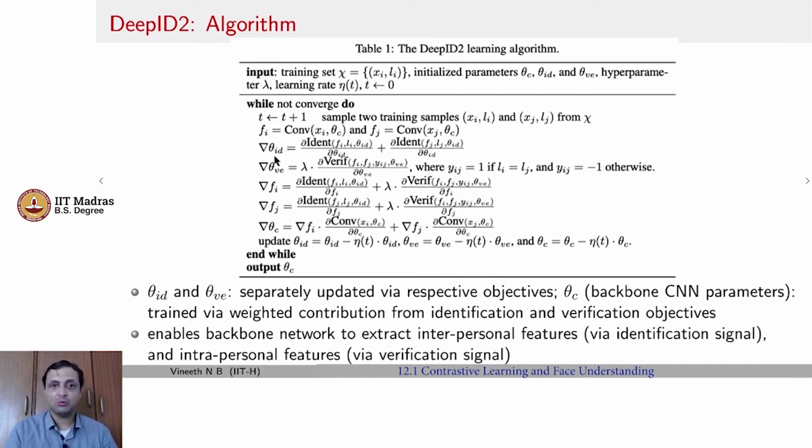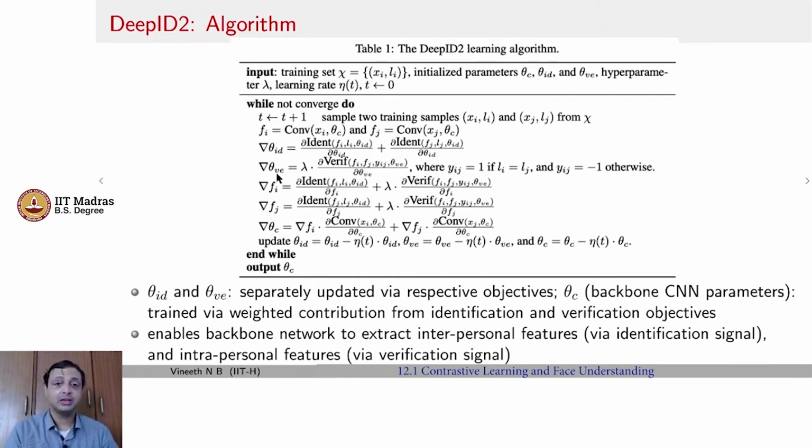Now the gradient of theta identification is given by the partial derivative of the identification loss, that's your cross entropy loss, of Fi, Li, theta ID with respect to theta ID, plus the partial derivative of the identification or cross entropy loss, Fj, Lj, theta ID by theta ID. So in this case, you are using the cross entropy loss for both Fi and Fj.